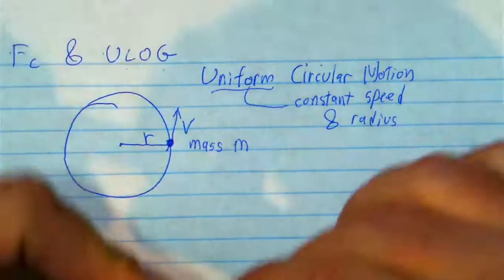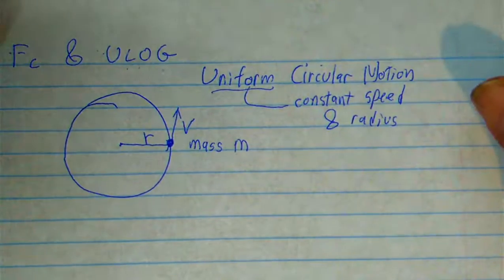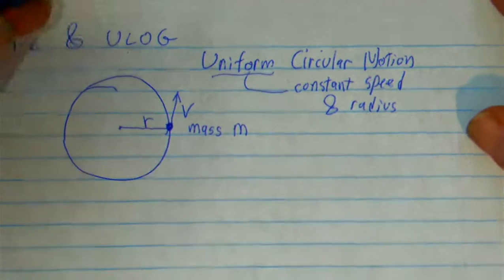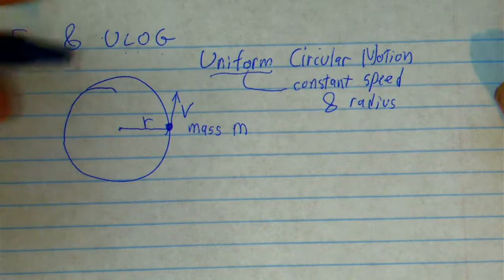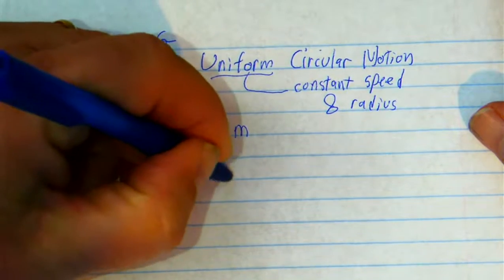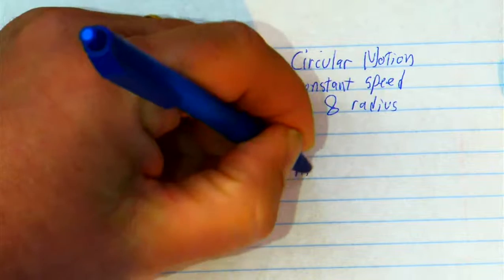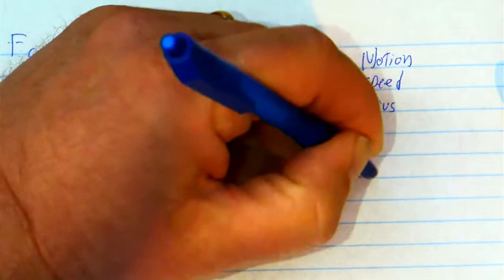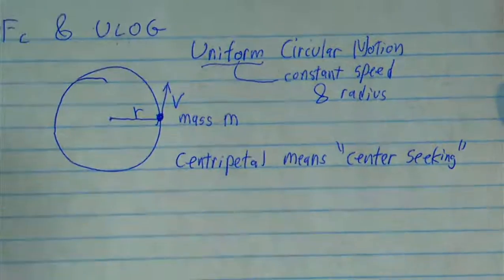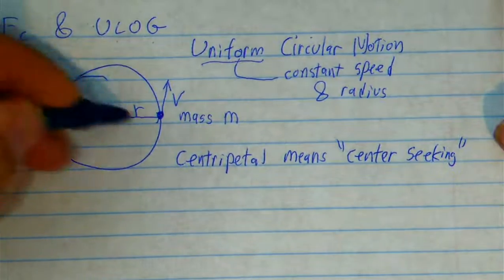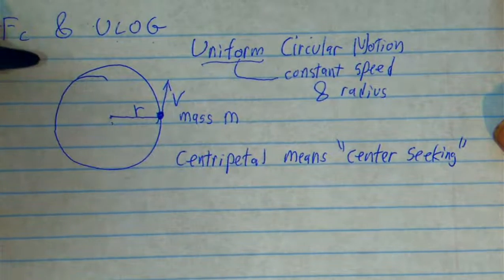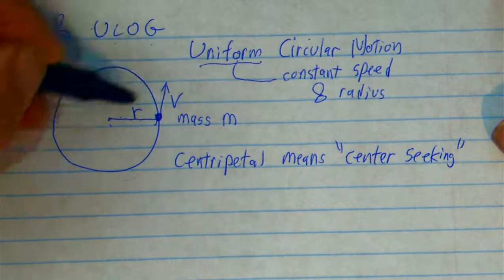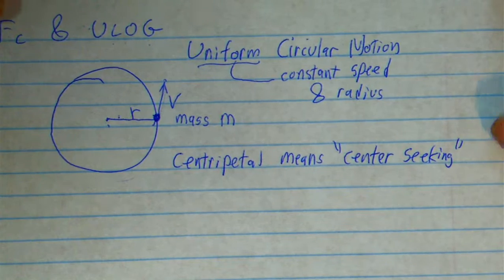Earlier in this course, I had inflicted on you the formula for calculating centripetal acceleration. That's what it's called. The name centripetal means center seeking. If I have a mass on a string and I twirl it around in a circle, if I let go of the string, the mass will go flying off at a tangent.